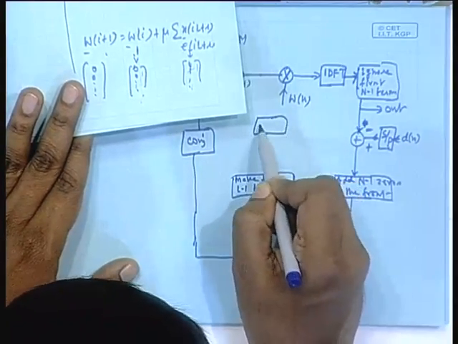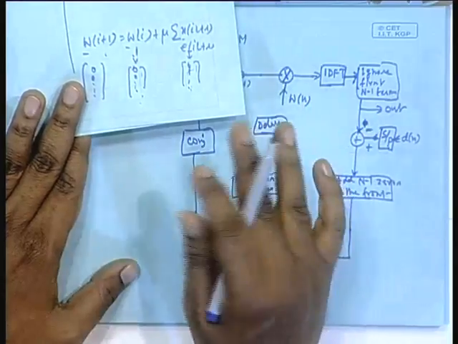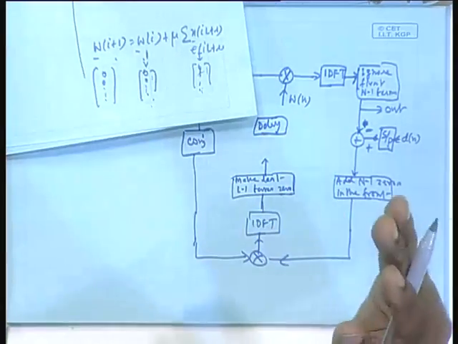So, for the future weight vector, there will be a loop now. This is again schematic. This delay is actually a block delay, not a one-sample delay, because filter weights are held constant over a block.